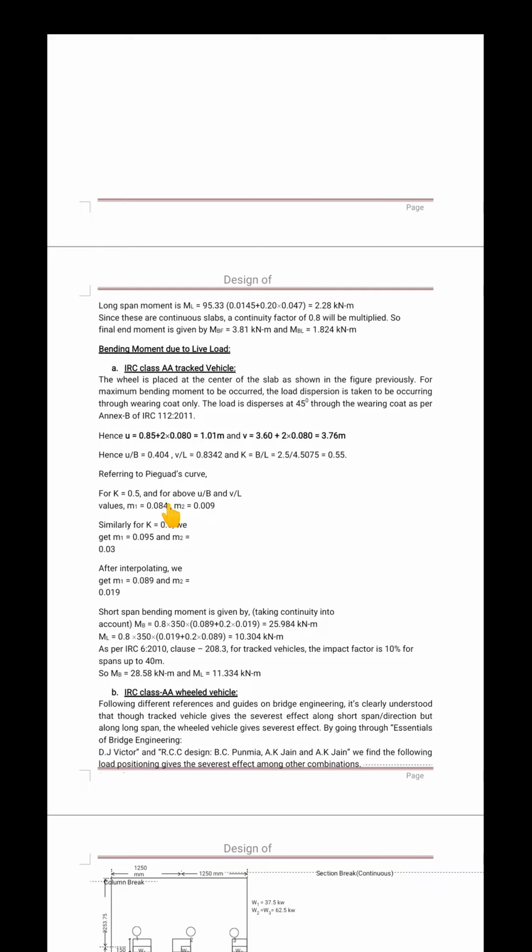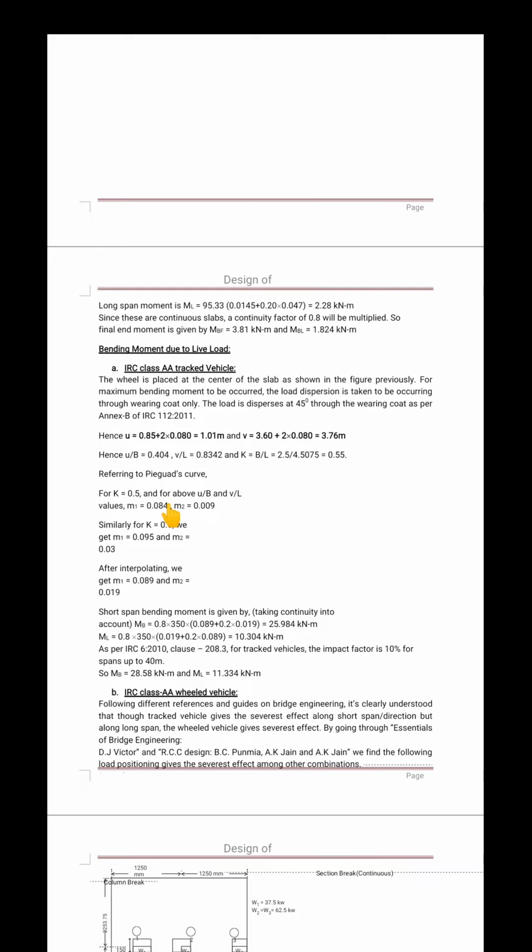So we need to now refer to Pigeaud's curve for k equal to 0.55. The Pigeaud's curve for k equal to 0.55 is not available. For k equal to 0.5 is available. For k equal to 0.6 is available. In between, k equal to 0.5 is there. So we need to check the value for k equal to 0.5.